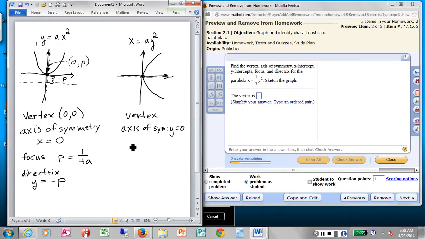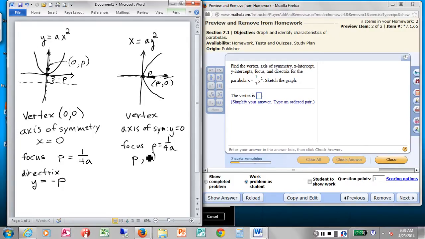And for the focus, p equals 1 over 4a is still one way to do it. The p is this distance right there. So the focus would be on the x-axis, so that's p comma 0.